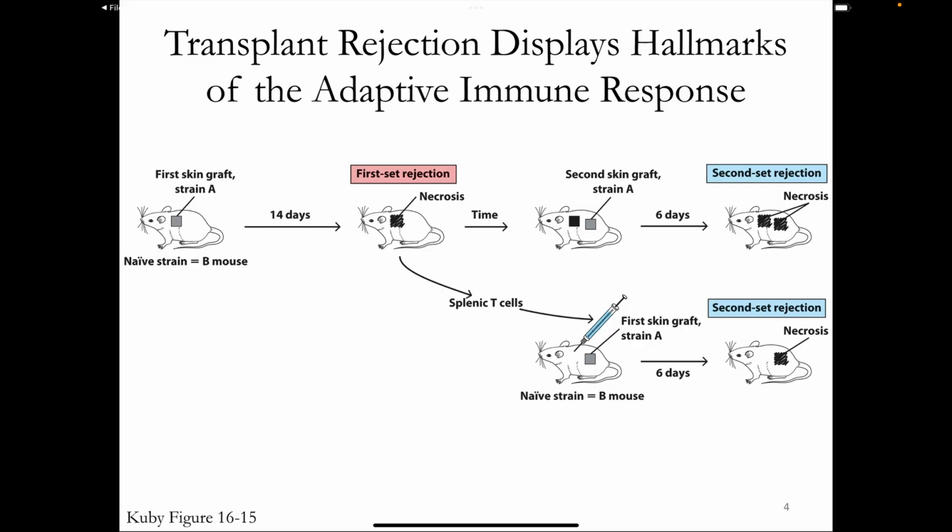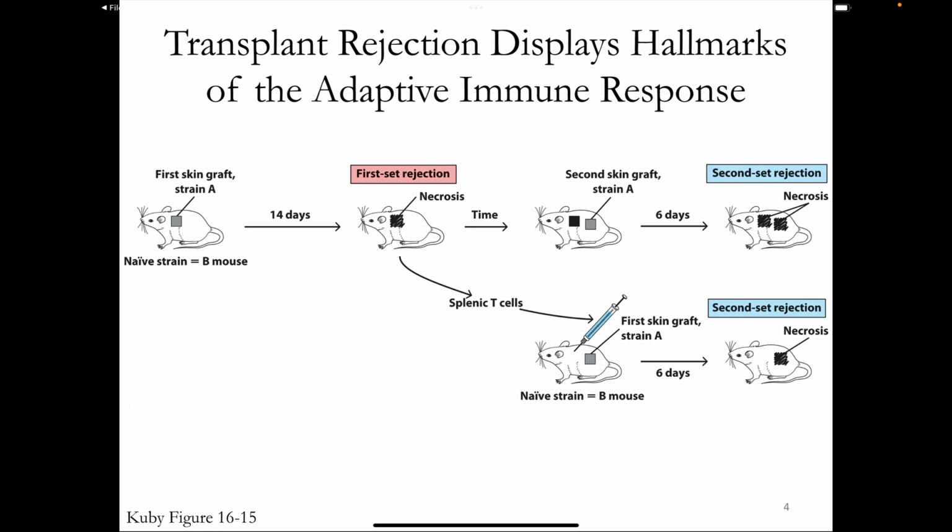And now we're going to see rejection in something like 6 days. And so this is one way that we can say, oh, this must be something going on with an adaptive immune response, because we're seeing this improvement and this memory response with second exposure to foreign skin.